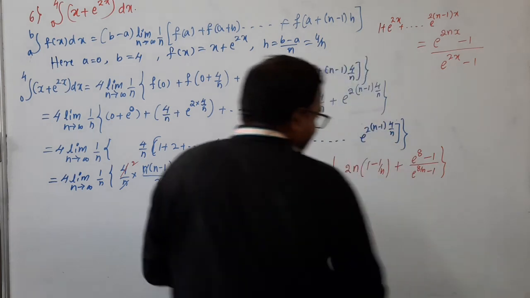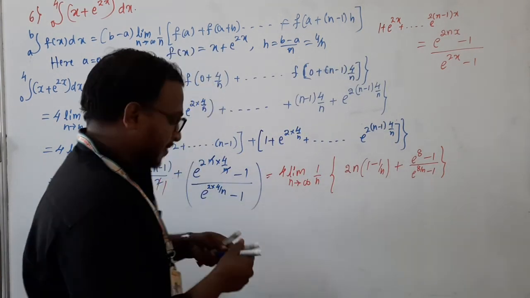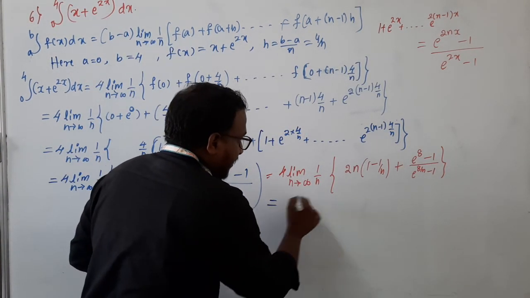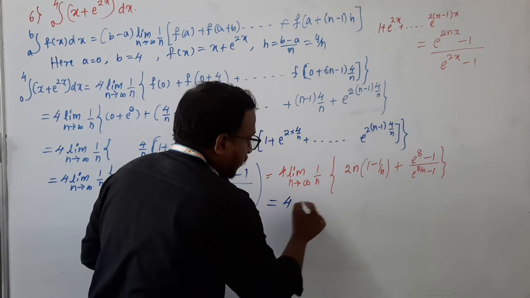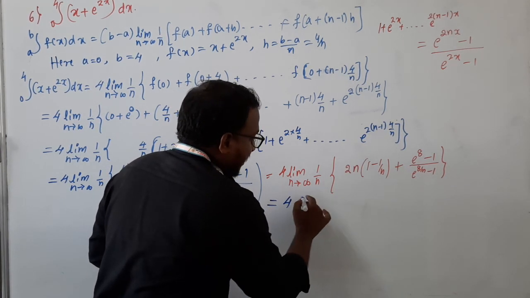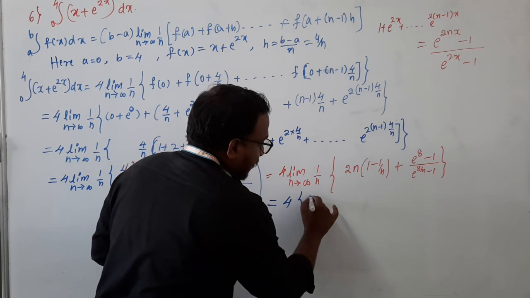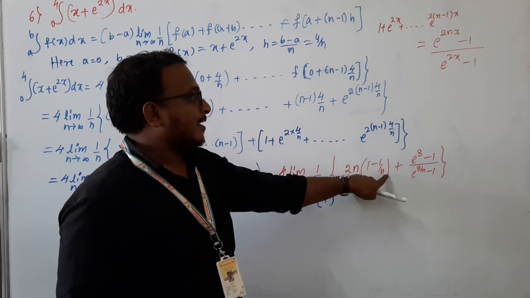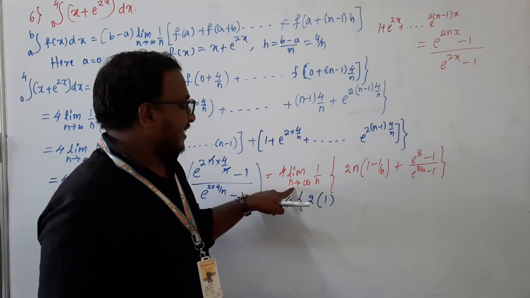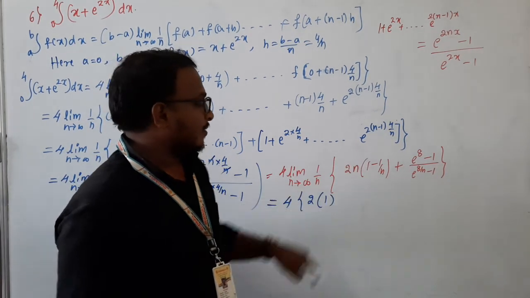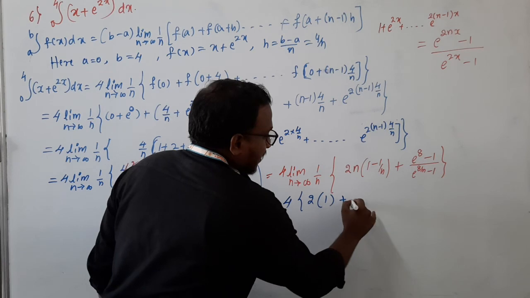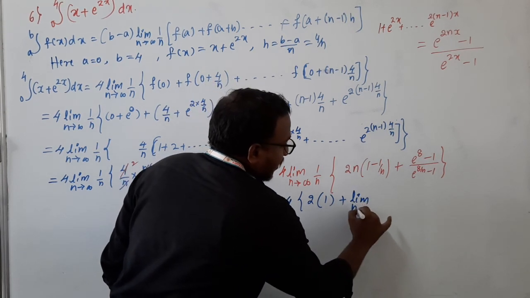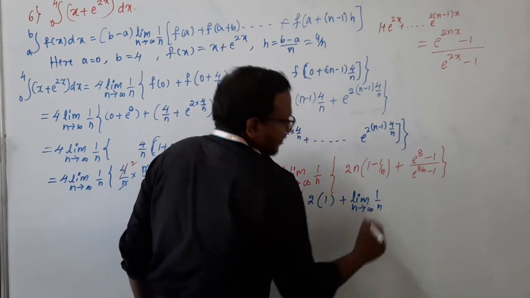Now apply the limit. If you apply the limit, 4, this and this get cancelled. The remaining value of this one is 2 into 1. This 1 by n, if we apply the limit, will become 0. Therefore, 2 into 1 plus limit n tends to infinity 1 by n.